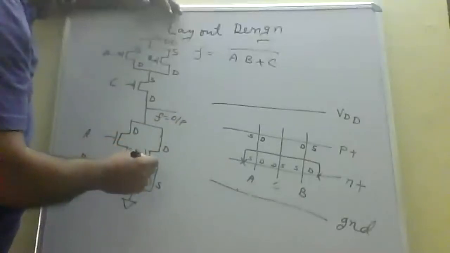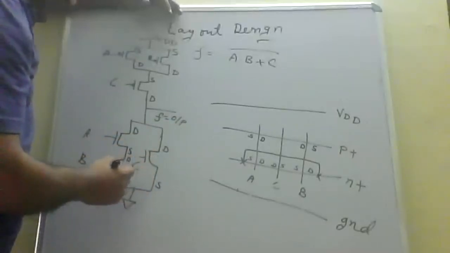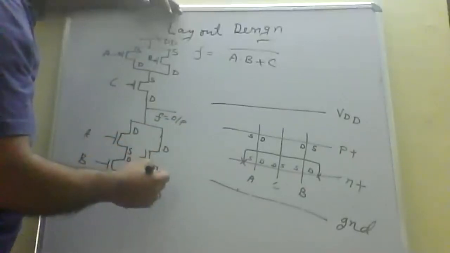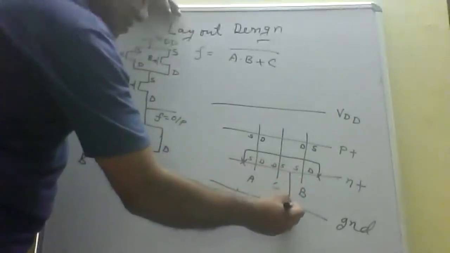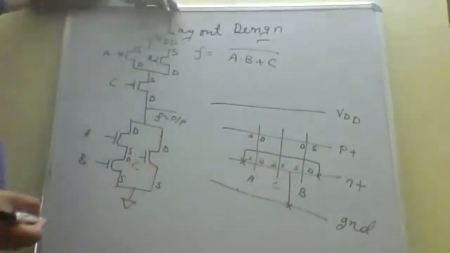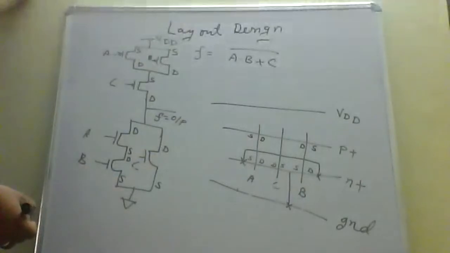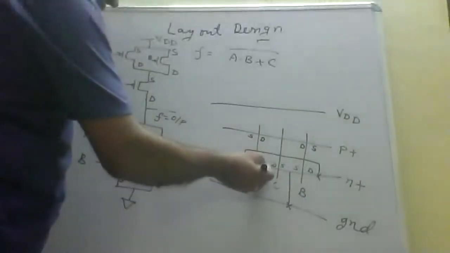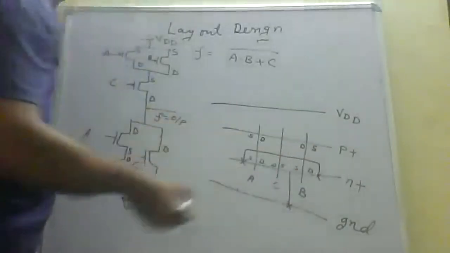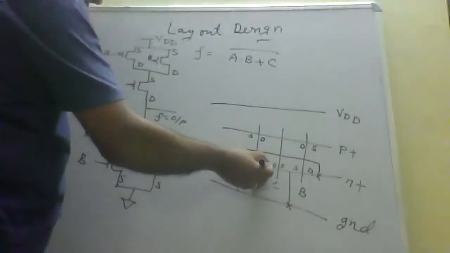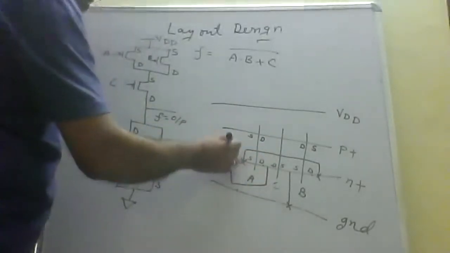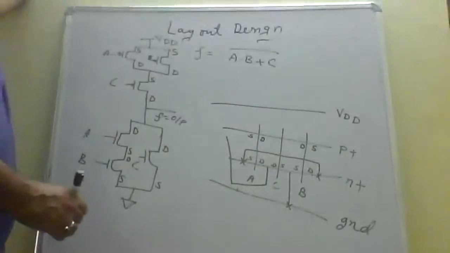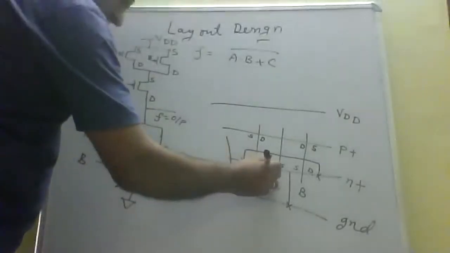And the source of B and source of C are connected to the ground. Now tell me how to connect the drains of these two. The drain of this is connected to the output, so we can connect like this. This is the output here, right?